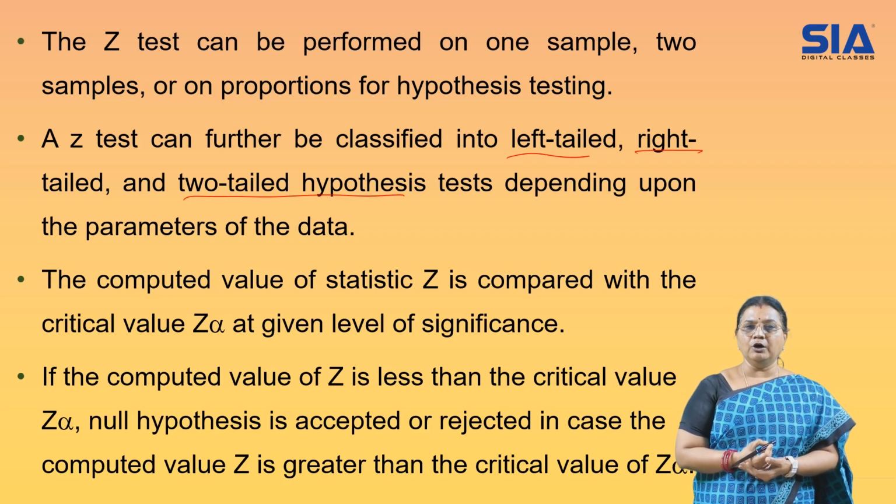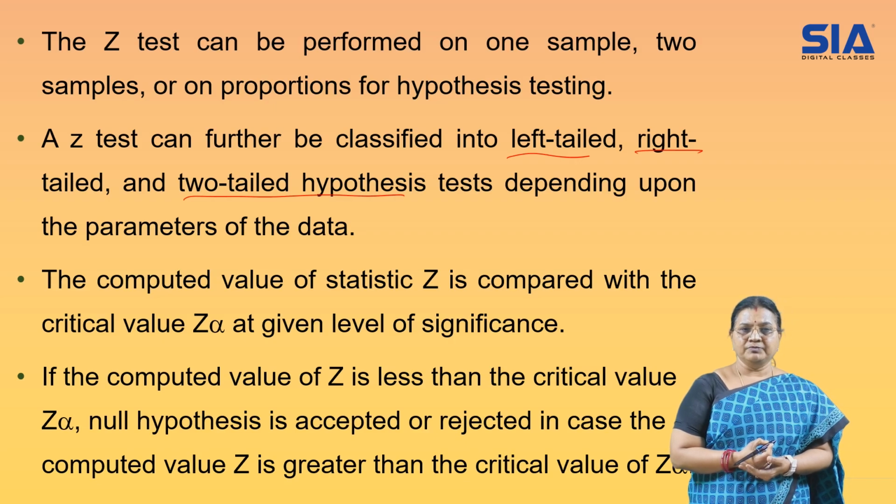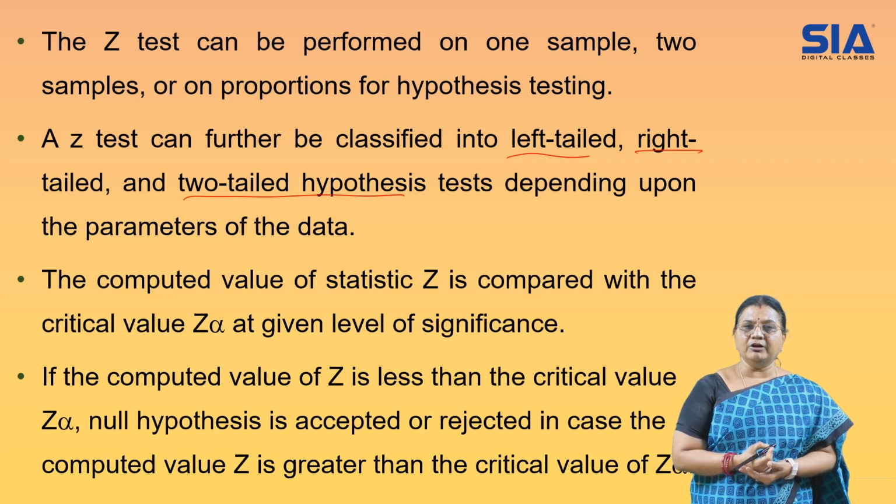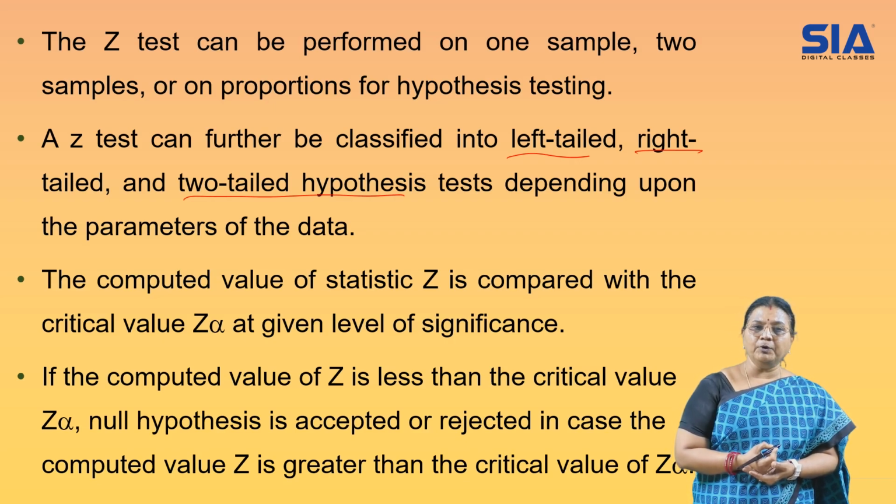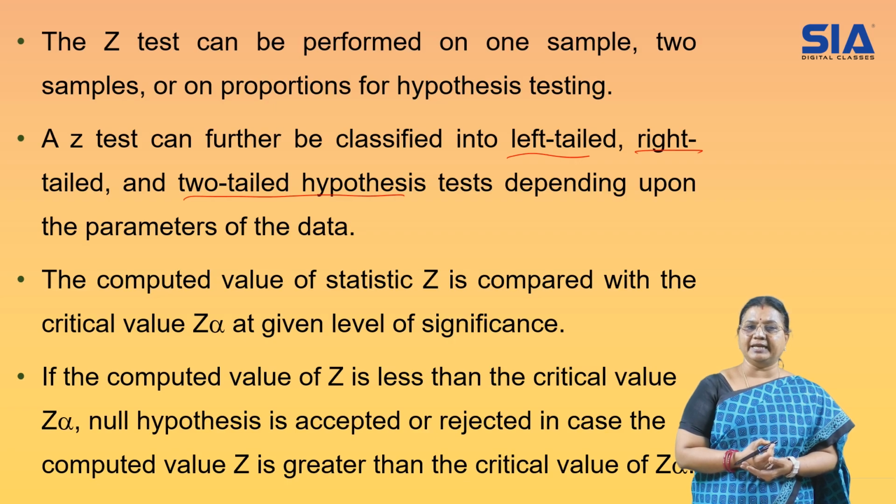Then the computed value of the statistic Z is compared with the critical value, that is Z alpha, at a given level of significance. If the computed value of Z is less than the critical value, that is the table value Z alpha, the null hypothesis is accepted.